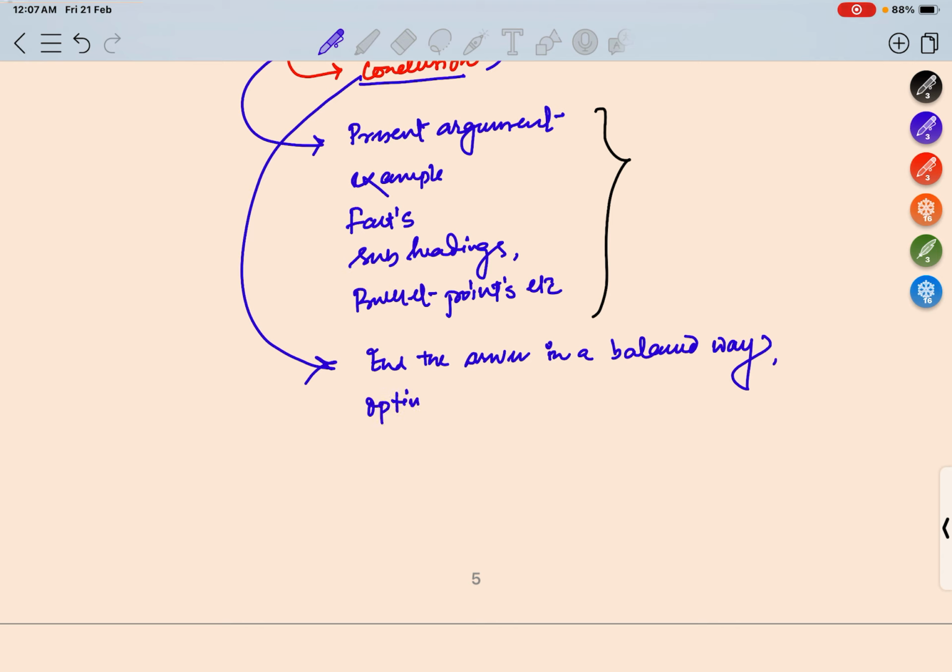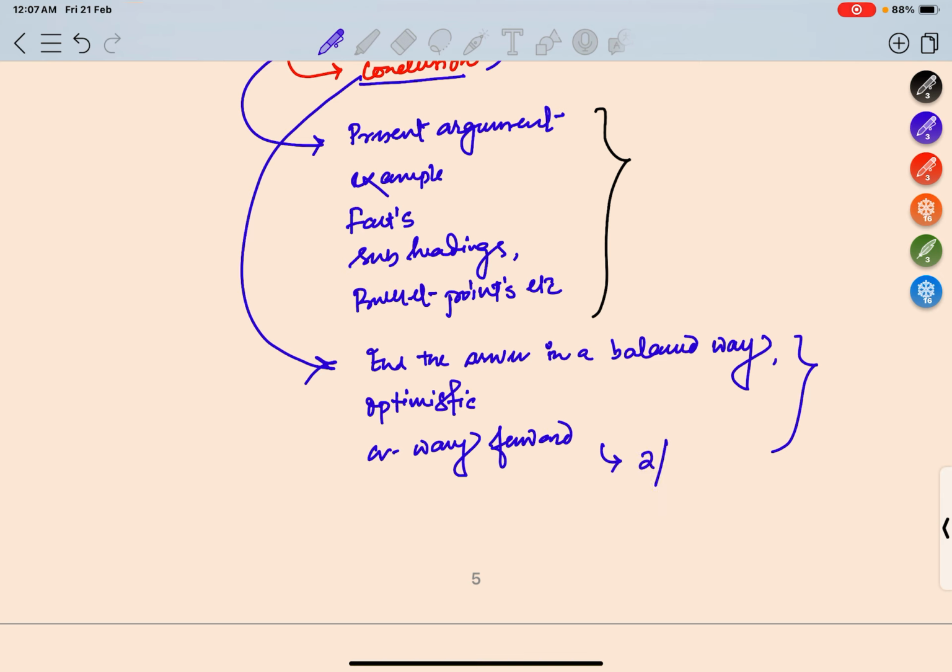It has to be optimistic, or a way forward. Remember, the conclusion also should not exceed 2 to 3 or maybe 4 lines. That's it.